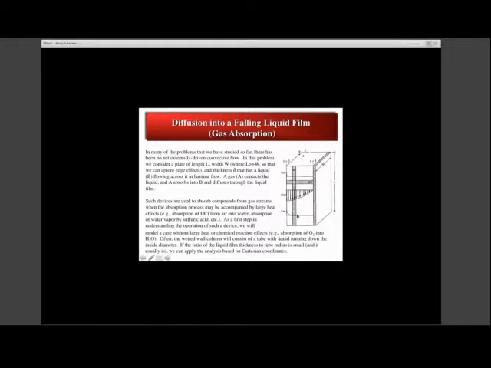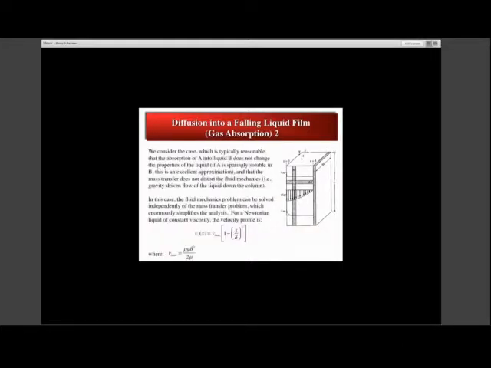And so we will model the situation where the absorption of A into this liquid B doesn't change the properties of B very much, doesn't change the density, the viscosity of B, or the diffusion coefficient of A into B. And this is very often observed when you have a small amount of A absorbing into this liquid. And the basic assumption here is that the mass transfer does not distort the fluid mechanics in the liquid layer.